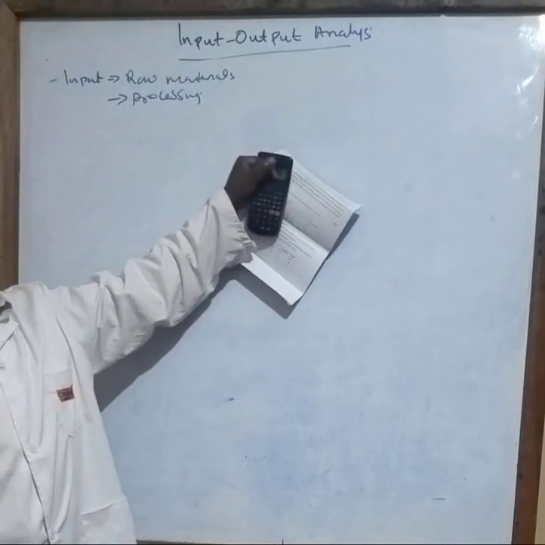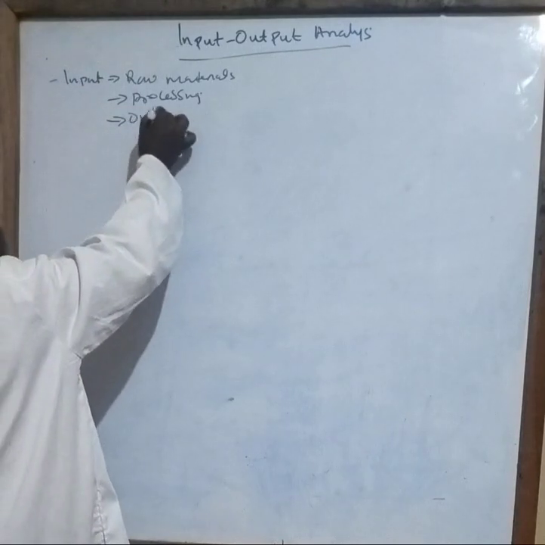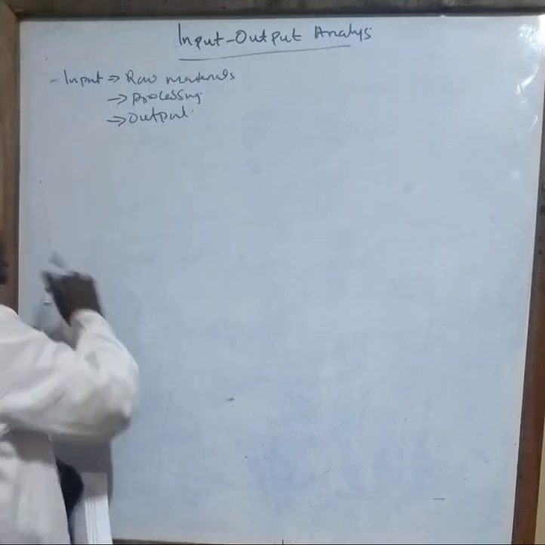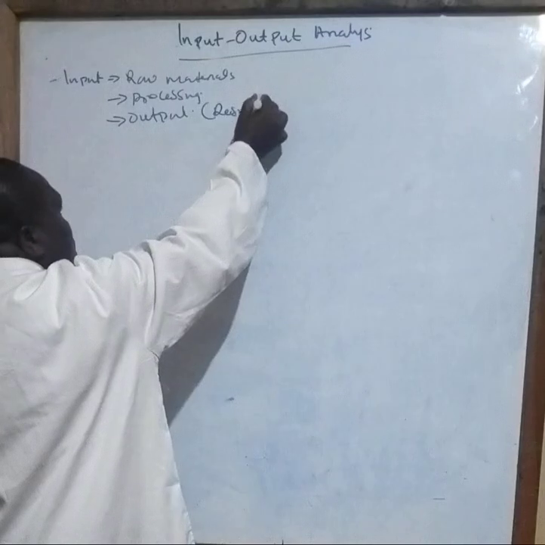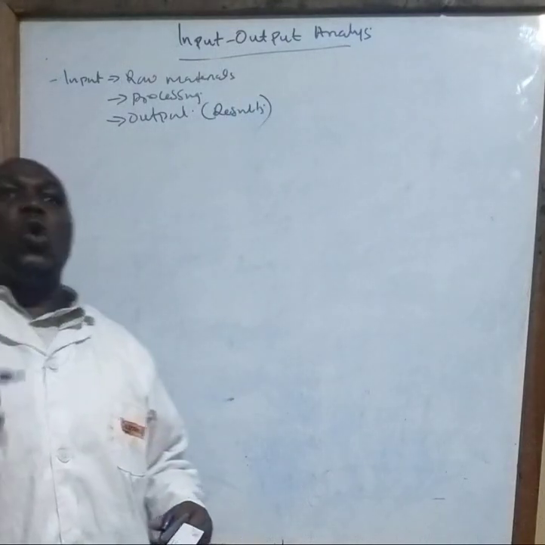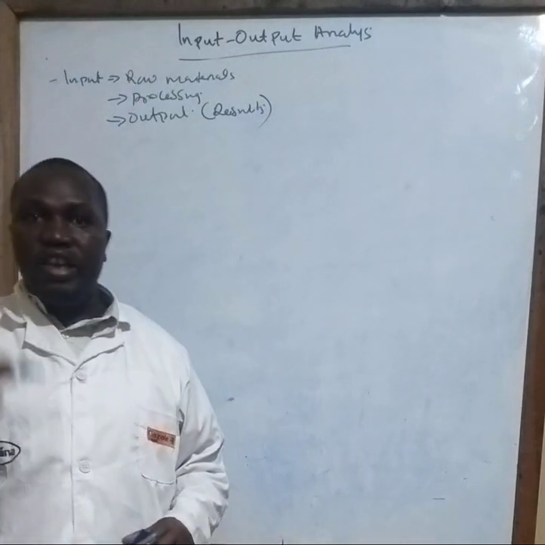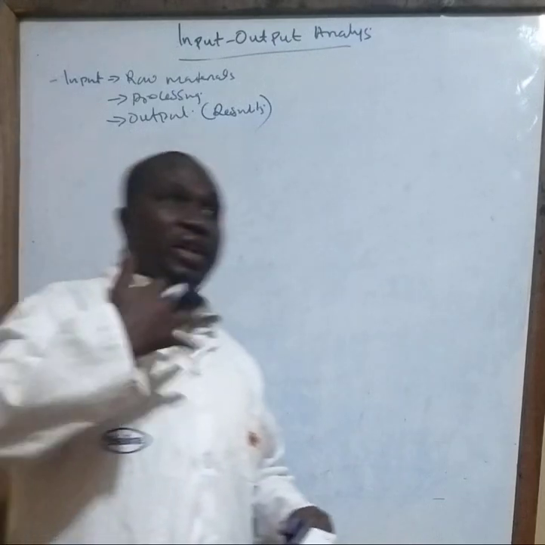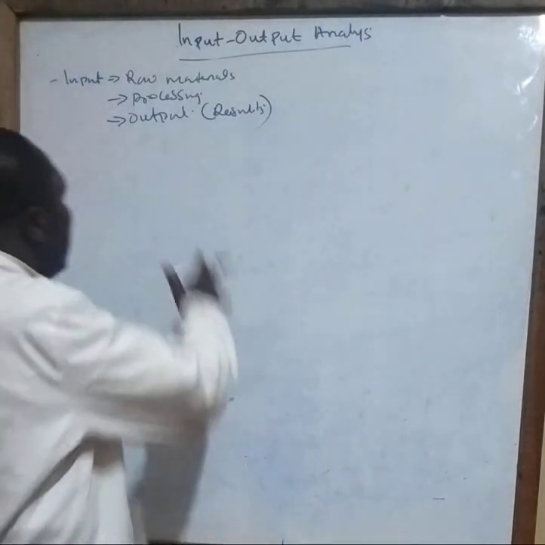Once this processing has taken place, we have what we call the output. This output is also referred to as results. If you want to obtain the final result, you need to have an input. An input is therefore raw material which undergoes a particular process to give us an output.